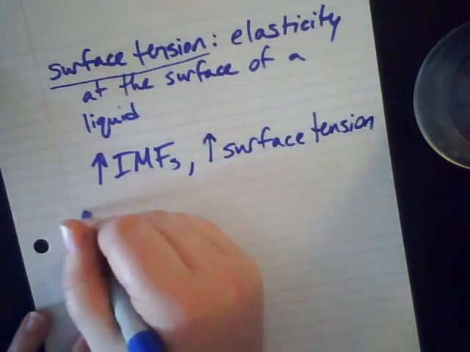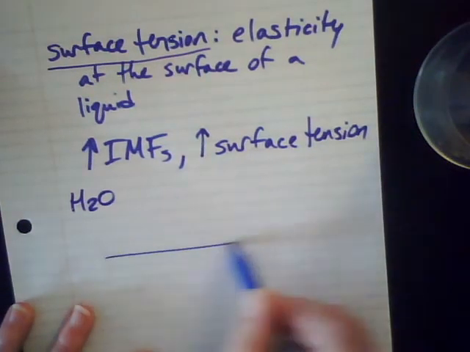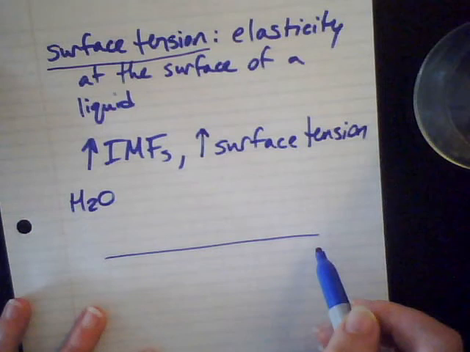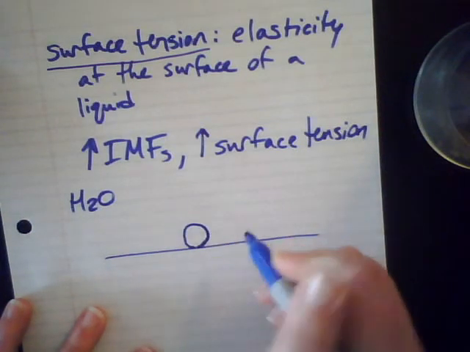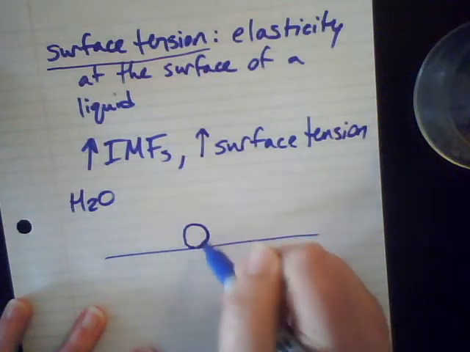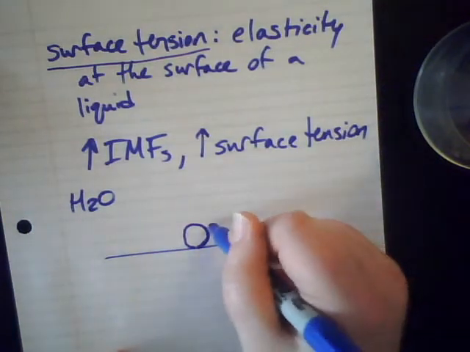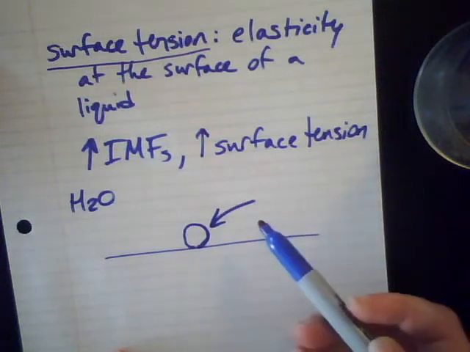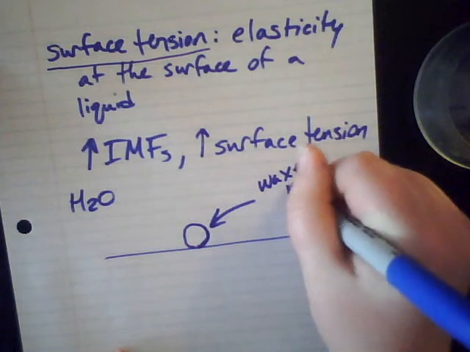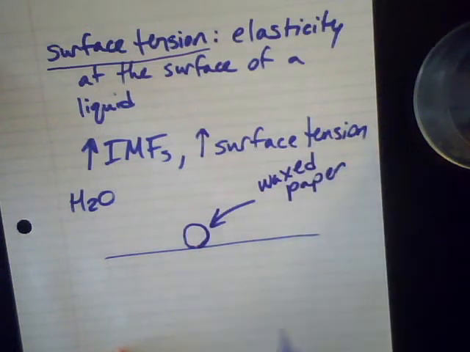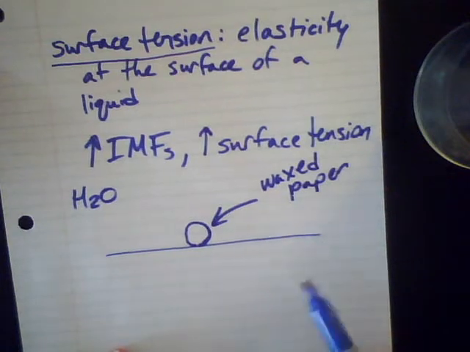So if we have water, for instance, again, water's kind of my go-to on a lot of these. If you have a piece of wax paper or like a leaf, for instance, and you put some water in there, it's going to bead up, right? So you have this little droplet of water and you can kind of move it around, and that's kind of fun. And the reason that it beads up on some surfaces anyway, so let's say it's waxed paper or waxiness on a leaf, and we'll talk about in the next chapter why this occurs.